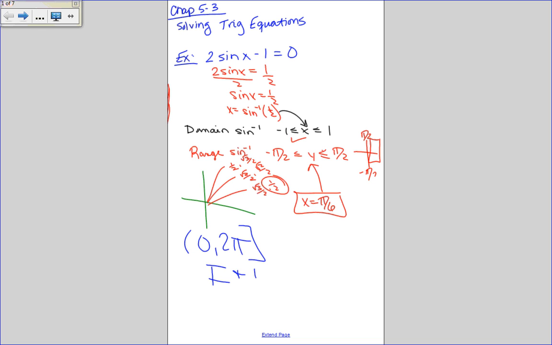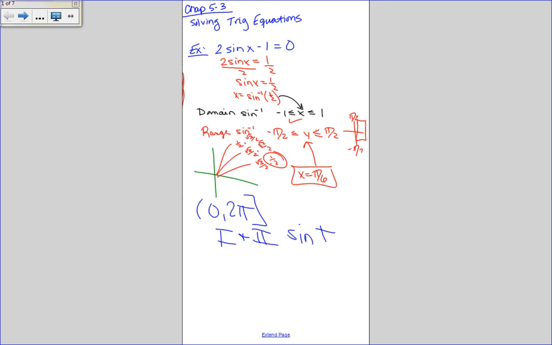Quadrant 1 and quadrant 2 is where sine is positive. So what other angle between 0 and 2 pi, besides pi over 6, would have a sine value of 1/2? That's in quadrant 2. 5 pi over 6.